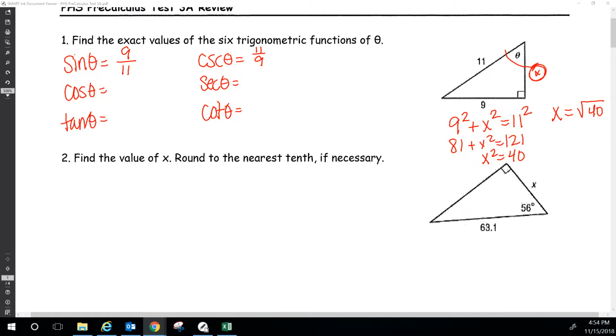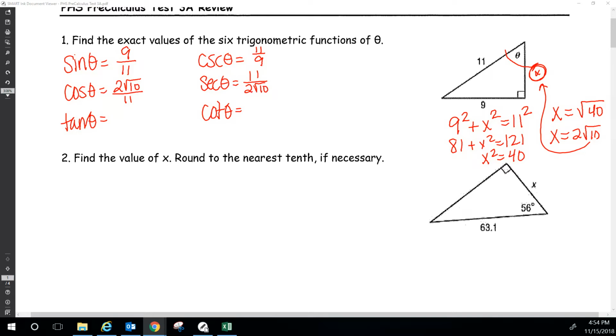I can bring out a group of 2's, and x is 2 square root of 10. That's that side. So cosine theta is 2 square root of 10 over 11. Secant theta is the reciprocal of that, so 11 over 2 square root of 10.